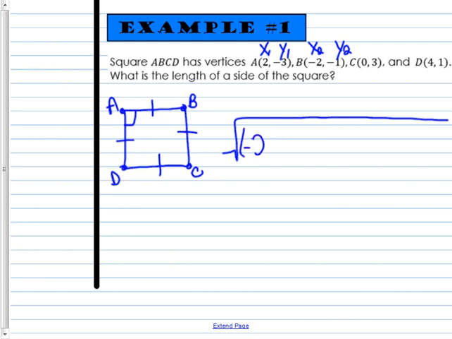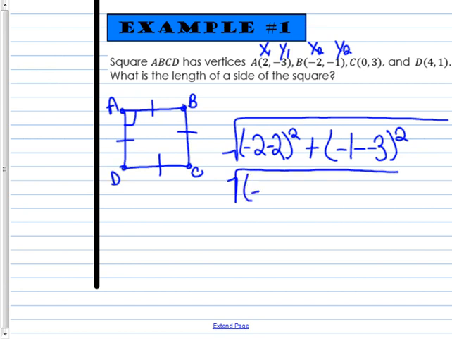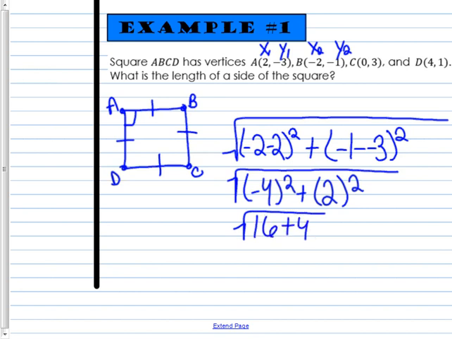So -2 minus 2 squared plus -1 minus -3 squared, square root of all of that, and then just simply solve. -4 squared plus (-1 plus 3, which is 2) squared. The square root of 16 plus 4, the square root of 20, and you can plug that into your calculator and find it in decimal form.